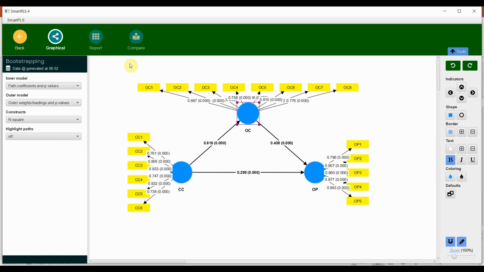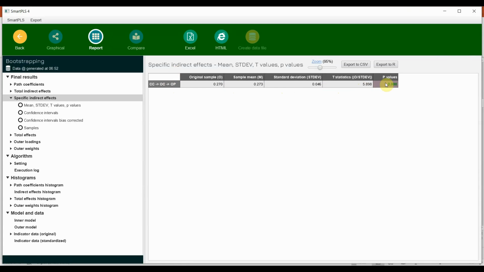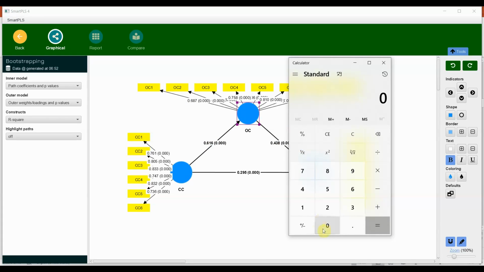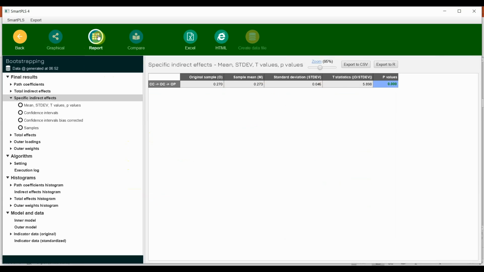Have a look here. Is it significant? Yes, it is significant. Why? Because the p-value is less than 0.05. Look at the beta, 0.270. How do you get this value? If you multiply 0.616 by 0.438, that is equal to 0.2698, which rounded off is 0.270.